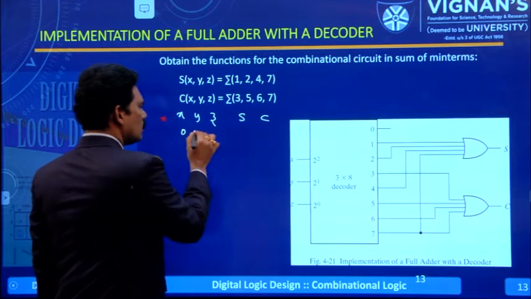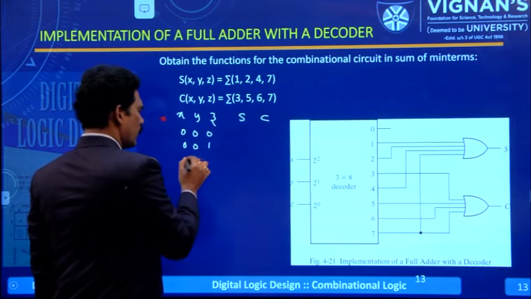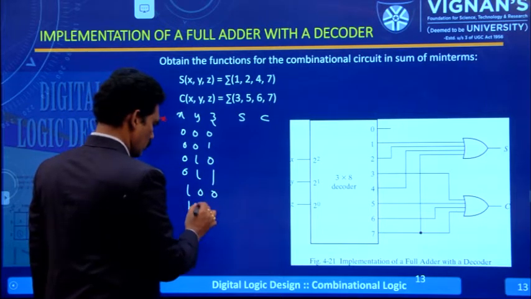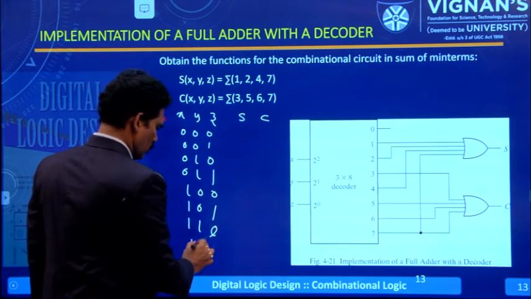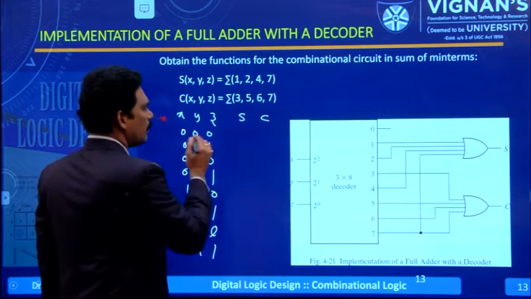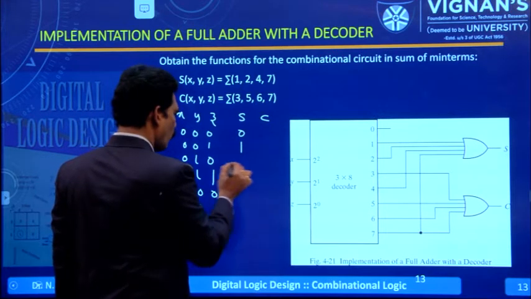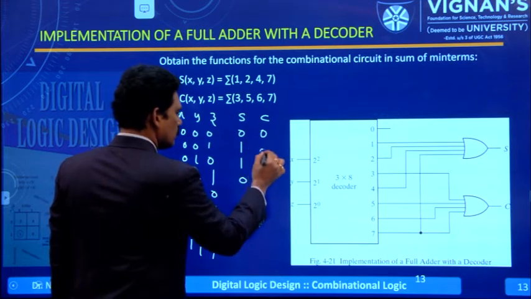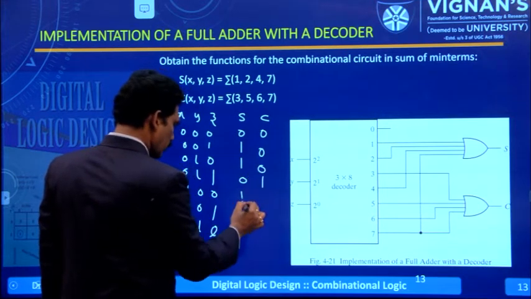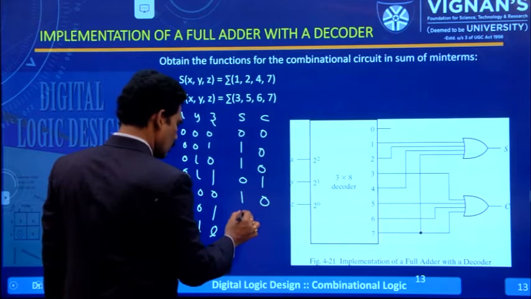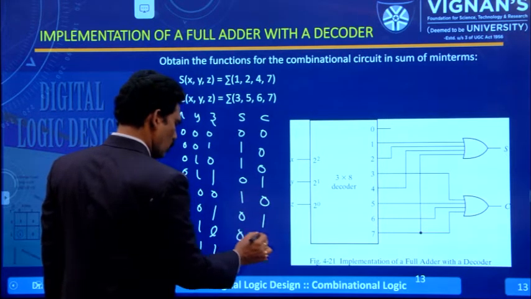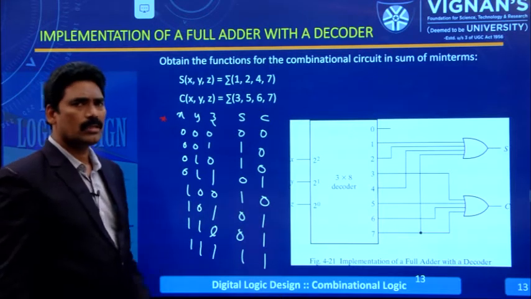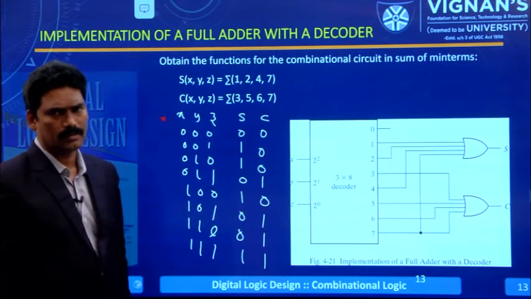Suppose this is 0, 0, 0, and so on. So the sum is 0, 1, 1, 0, 1, 0, 0, 1, and carry is 0, 0, 0, 1, 0, 1, 1, 1. This is the truth table for this full adder.